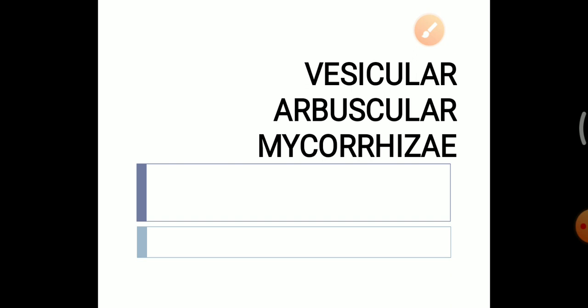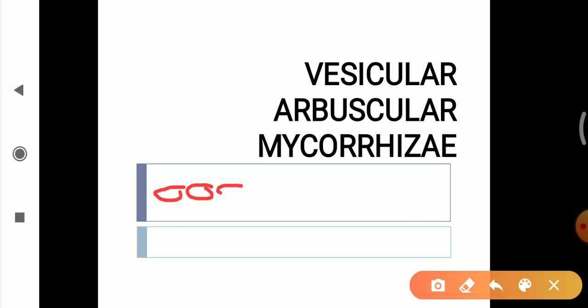In ectomycorrhiza, we have seen that fungal hyphae penetrate only between the cells of the root cortex, not inside the cell. In ectomycorrhiza, the root is devoid of root hair, because it is covered by a layer or sheath of fungal hyphae that is known as the pseudoparenchymatous sheath, as we have seen.